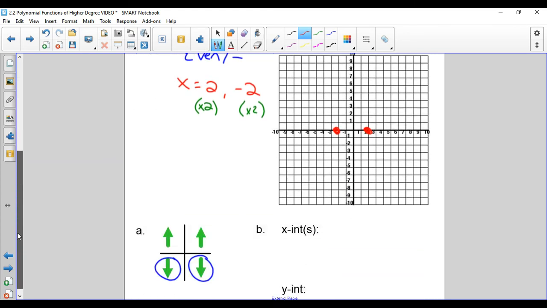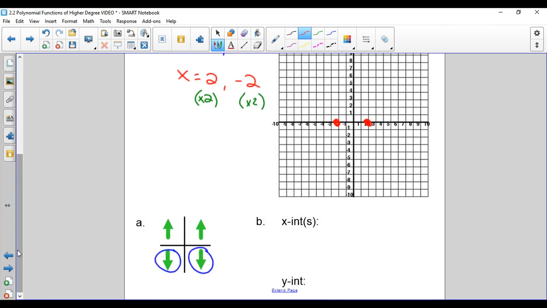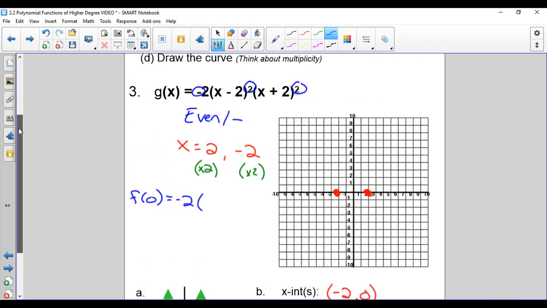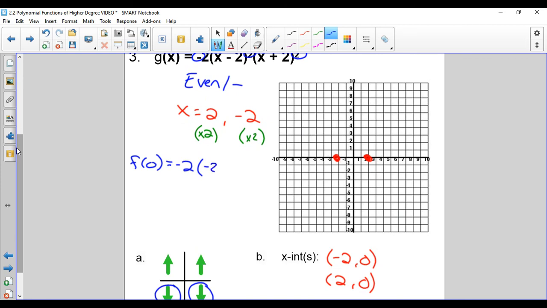Now, I do want to find a y-intercept as well. We have my x-intercepts, negative 2, 0, and 2, 0. You plug in 0 for x, technically. So f of 0 is what we're technically looking at. We end up getting negative 2 times 2, which ends up being a positive 8.